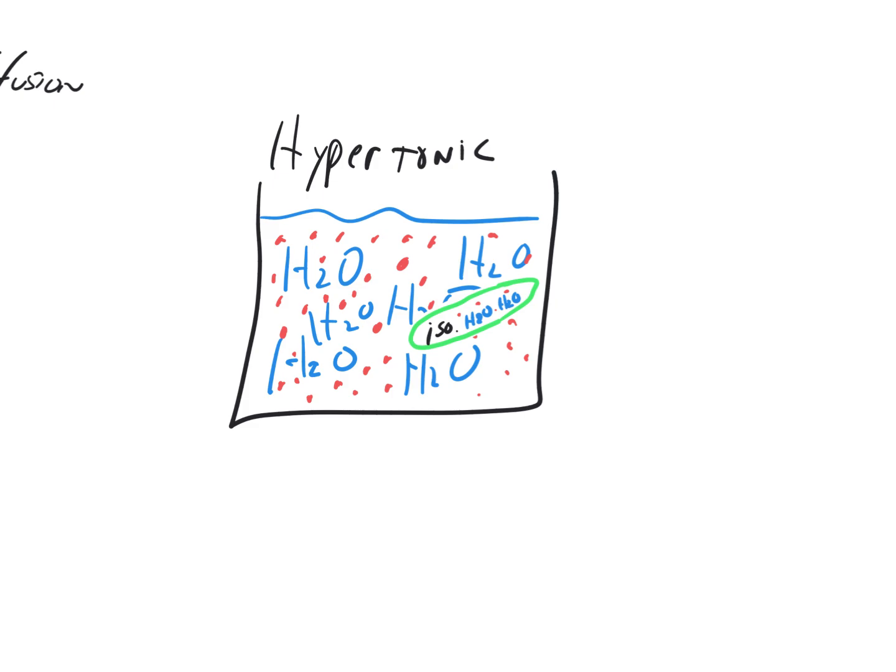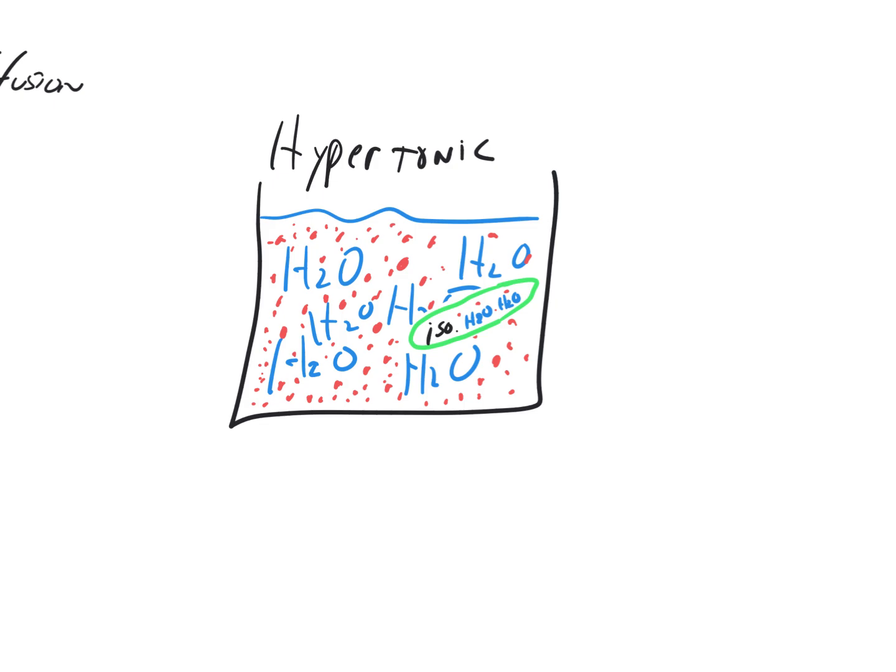But the key thing to know, since it's hypertonic, there's a huge amount of solute outside of the cell, which decreases, relatively speaking, the amount of solvent. And the thing that's going to be doing the moving here is the water. Water can easily cross the cell membrane. These molecules might not be able to, so the water is going to move where? Out of the cell, right?